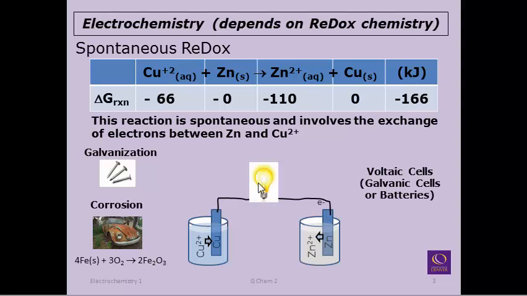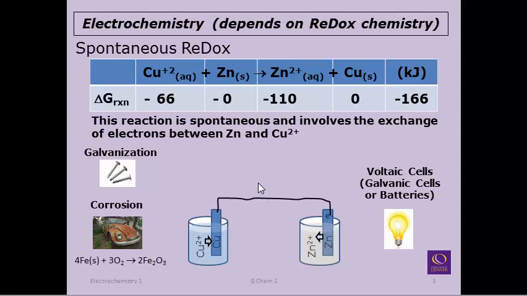That is the fundamental concept behind a battery or a galvanic cell or a voltaic cell. So this is one thing you want to put in your notes right away: these three terms are really interchangeable. Most laymen, non-science types, will refer to things as batteries, but you'll hear them referred to as voltaic cells or galvanic cells, all the same thing.